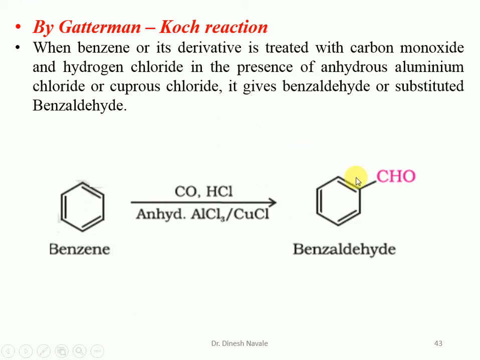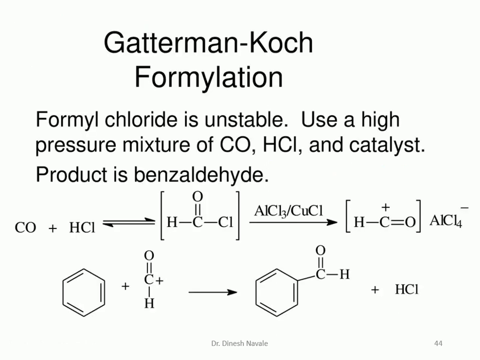In this reaction, there is the addition of a formyl group, an aldehyde. So that's why it is called the Gattermann-Koch formylation reaction, in which formyl chloride is formed as an unstable moiety.